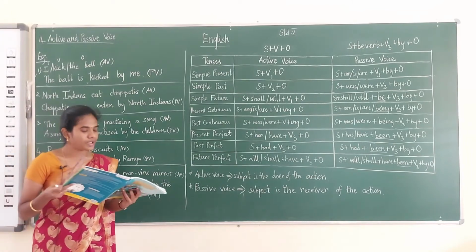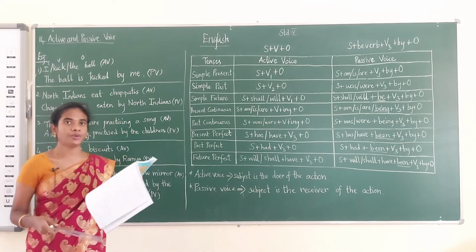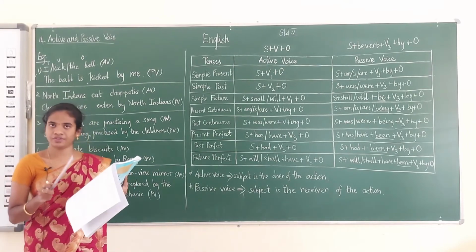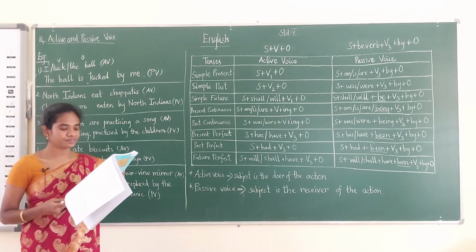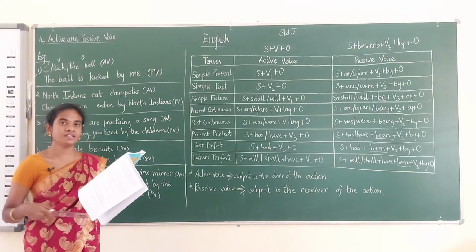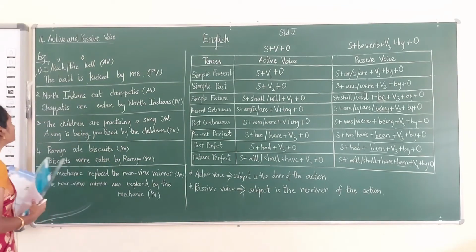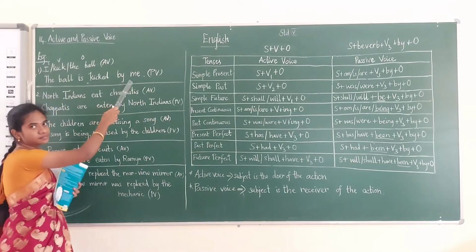If the subject pronoun is he, you have to change it into him. She becomes her, it becomes it. If the subject is it, the object will also be it. They is changed into them. So here the subject is I, so we are writing me.